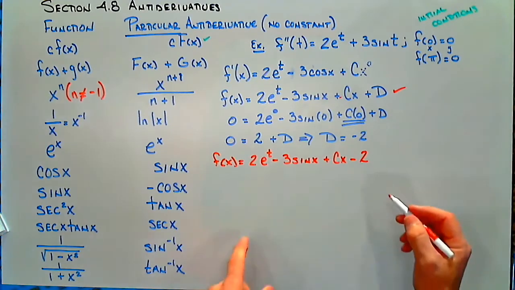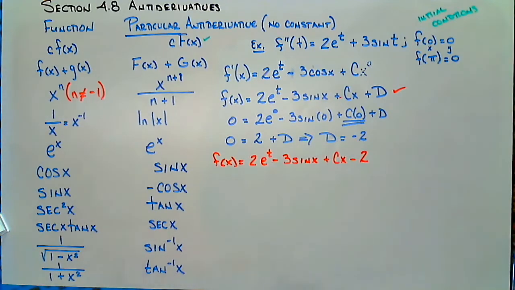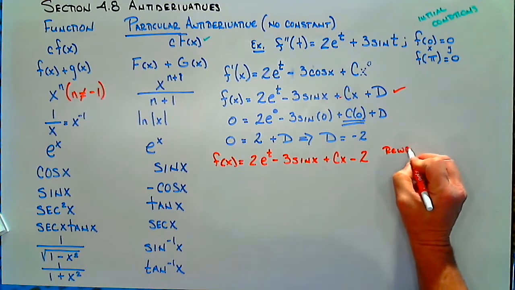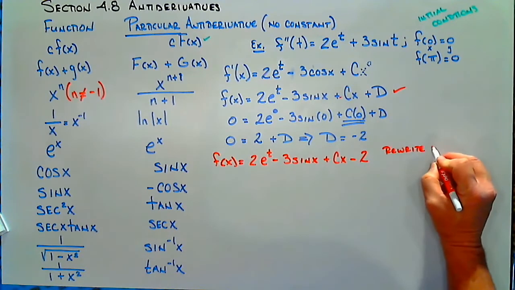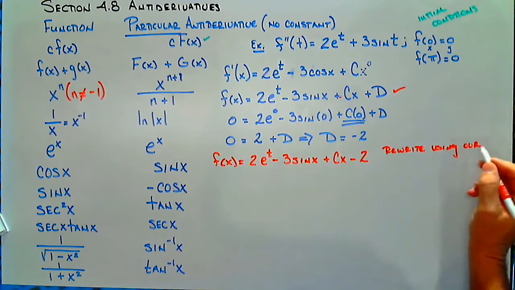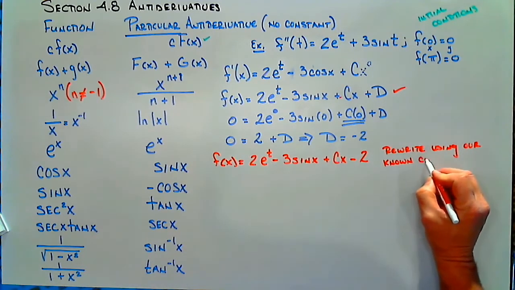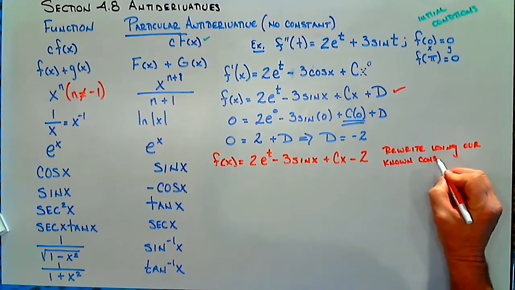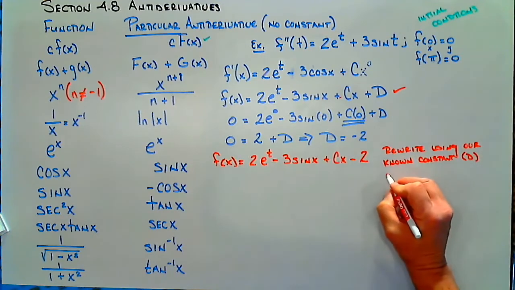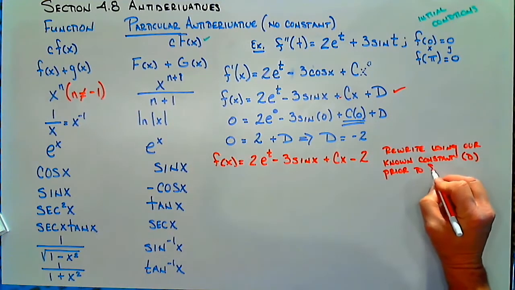Now, I have to rewrite this before I plug in my second condition. So we want to rewrite using our known constant, which in our case is D, prior to finding C.